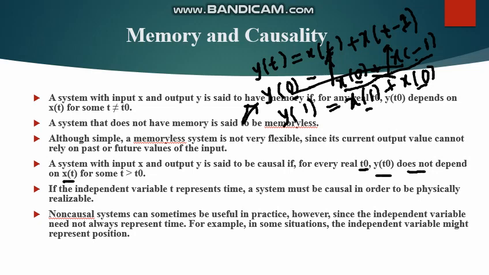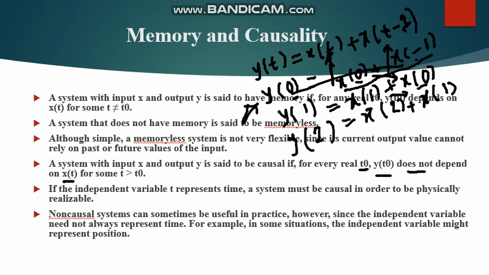There is certainly a value that comes again and again. If you take y(2), look carefully here, x(2) and x(2 minus 1), which means x(1). That means the past value comes through again and again. The system has a past. It is a causal signal and causal system.